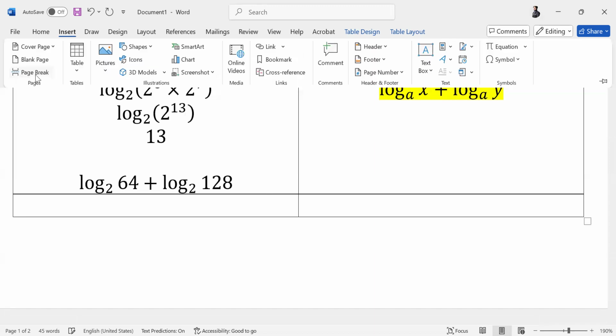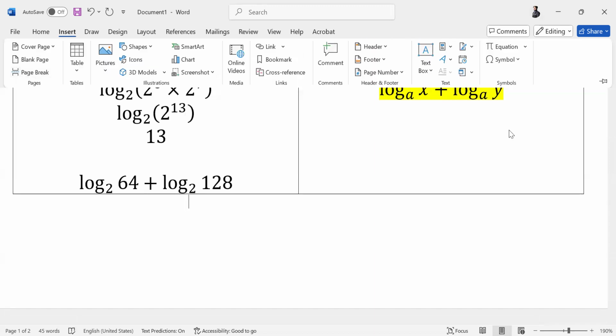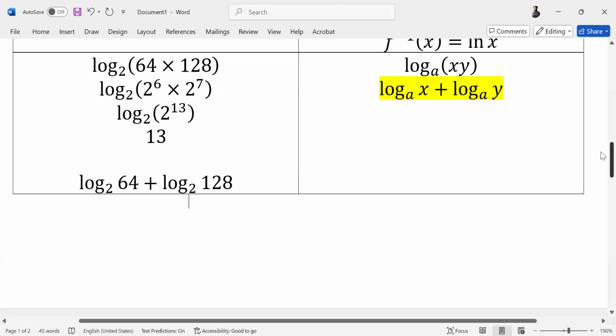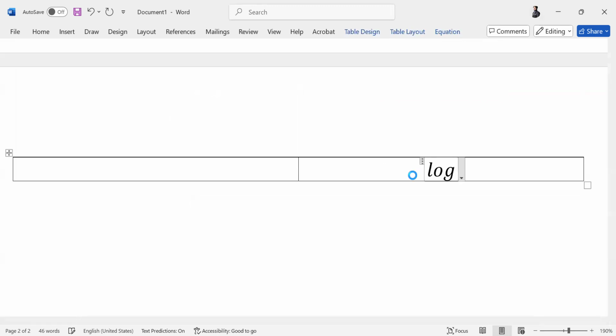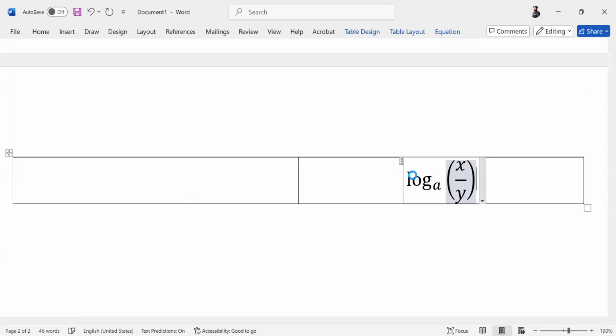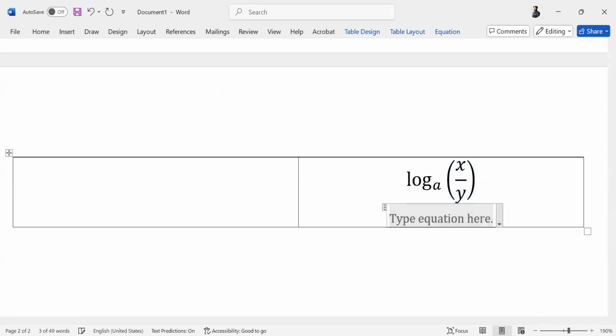Minus. Same logic applied. If the inputs are dividing, their logs will be subtracted.